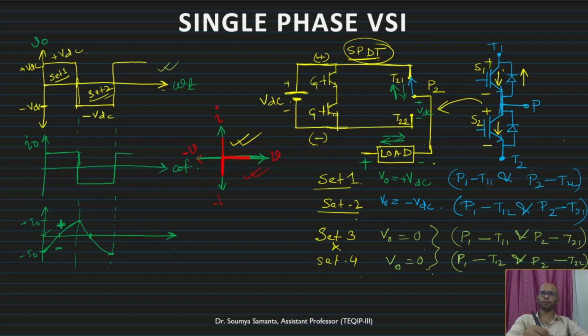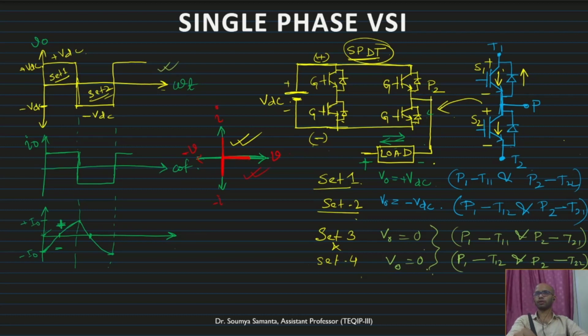This is the gate where we provide the gate pulses to turn on the switches. Similarly, we are going to replace this one by a power electronic switch with anti-parallel diode. This is basically an IGBT with anti-parallel diode. Thyristor also can provide these characteristics, if we go for the transistor or IGBT.